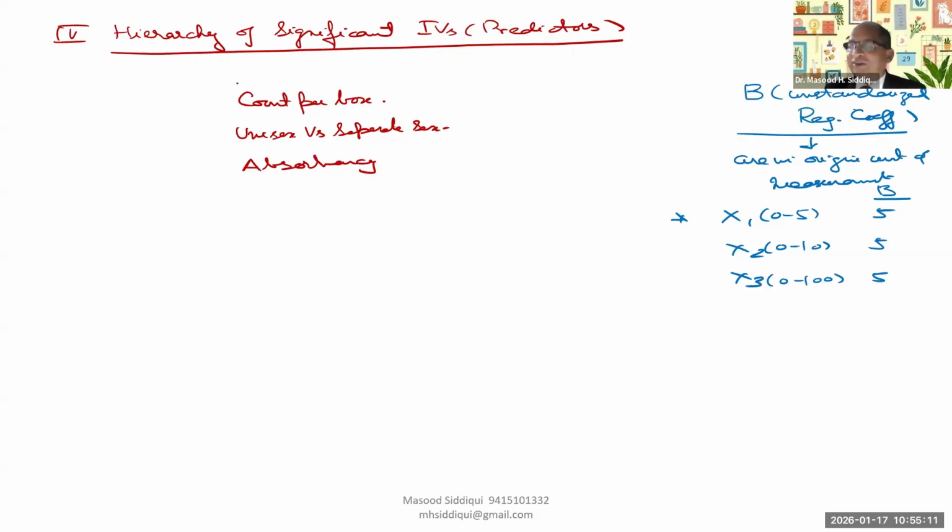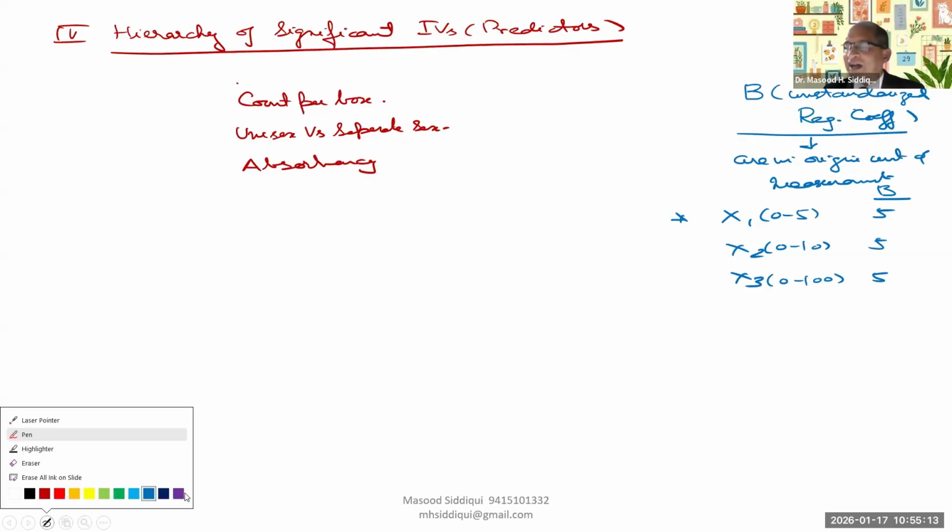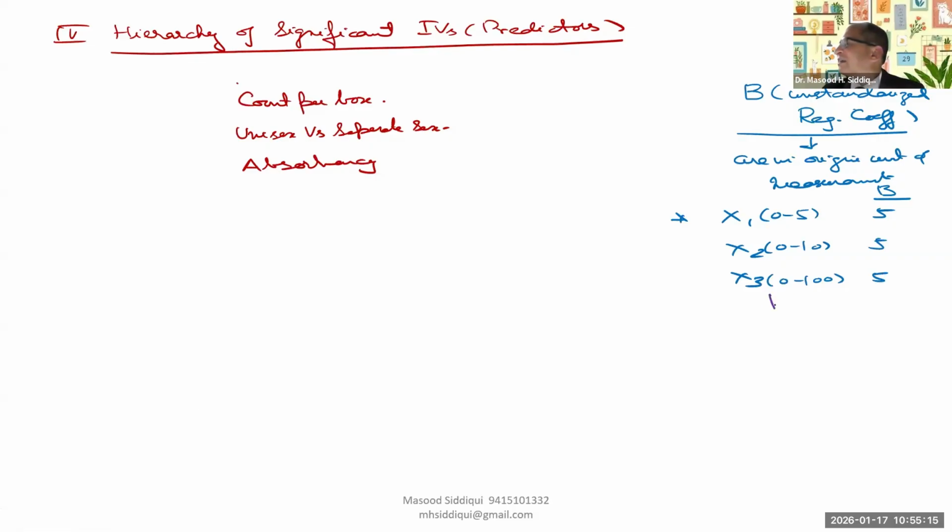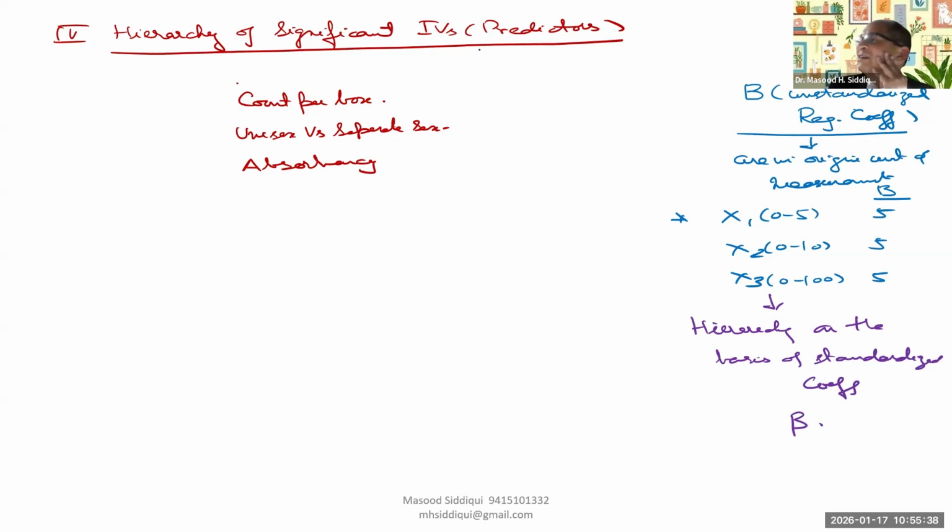So whenever we develop the hierarchy, it should be based upon the beta value, on the basis of the standardized coefficient, that is beta. So it is always better to consider the beta value.